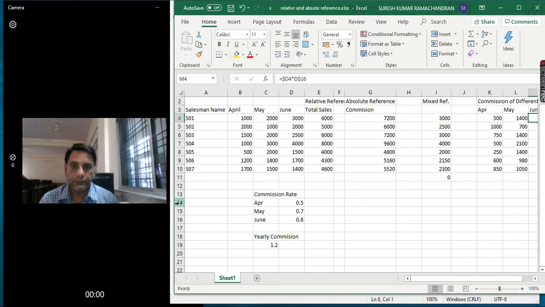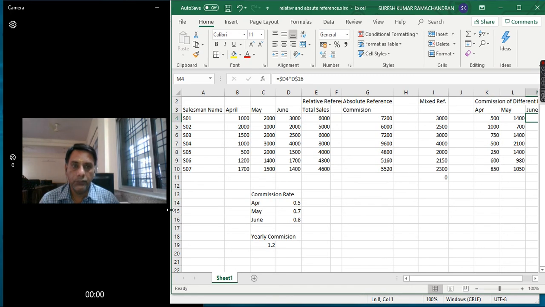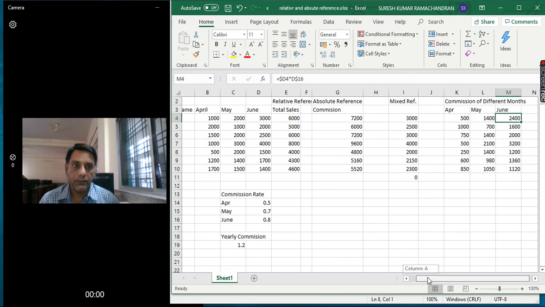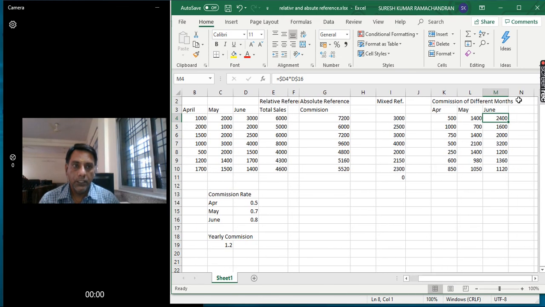You can see in June, look at the way the column and row move. You can see B4, B6, B8 is moving, but as far as the D column is concerned, the row is fixed here, D14.